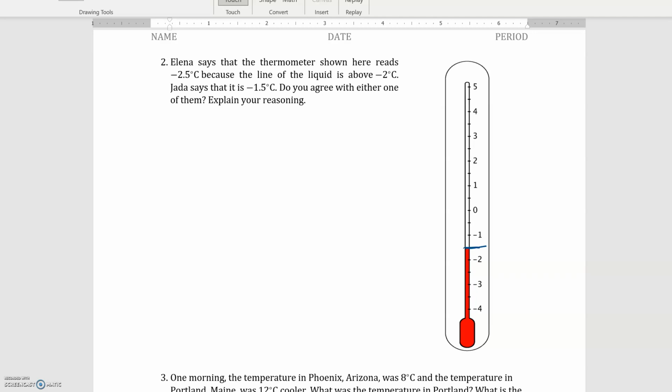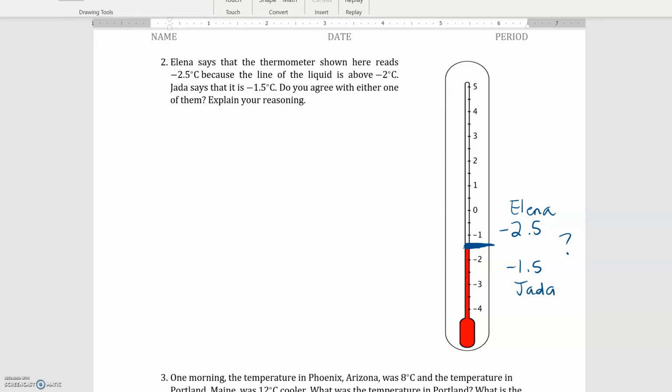You need to decide the following in your response. Is this temperature -2.5 or -2 and 5/10, which is what Elena is saying? Or is temperature -1 and 5/10, which is what Jada says?